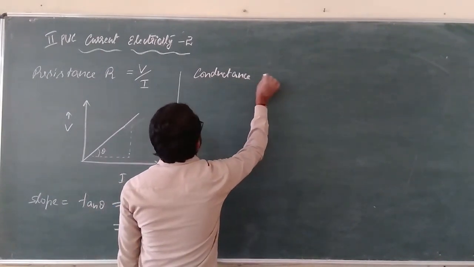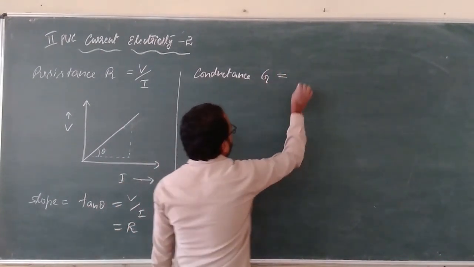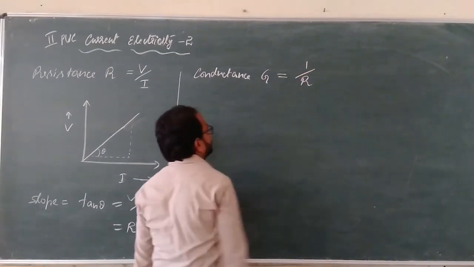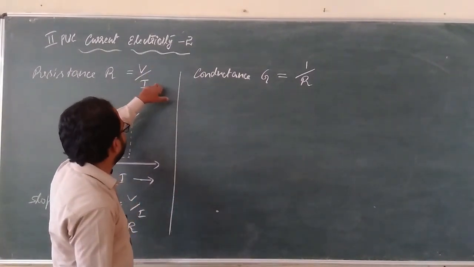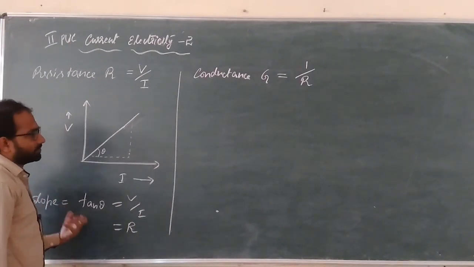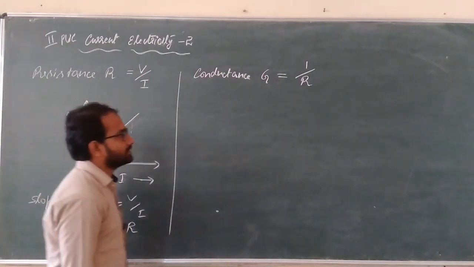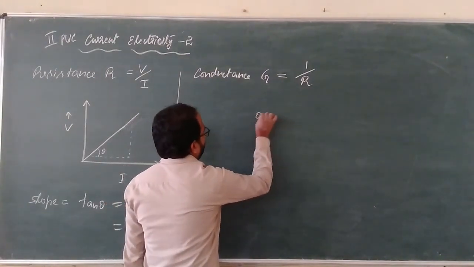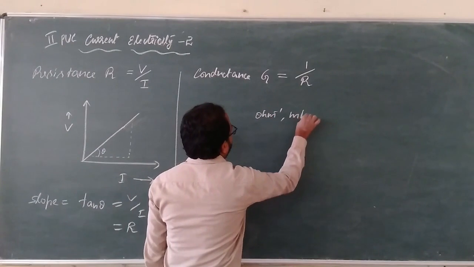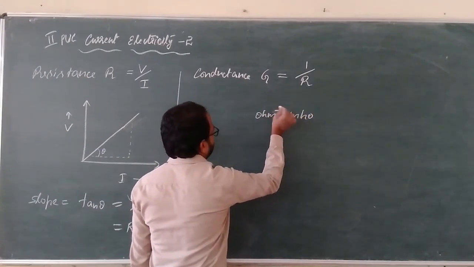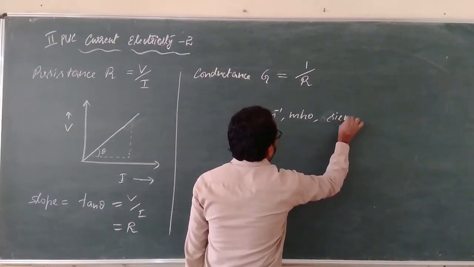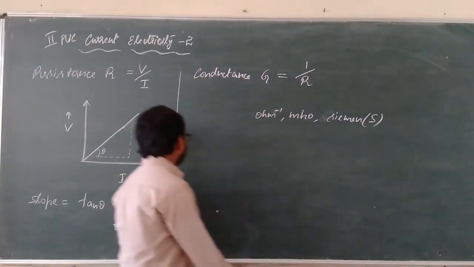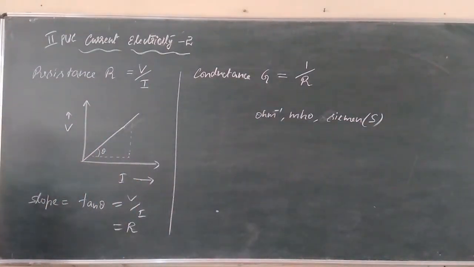Conductance is G, which is the inverse of resistance, 1 by R. Inverse of resistance is called conductance, I by V. If I calculate I by V, the inverse of the slope, then we are defining what is called conductance G, whose unit is ohm inverse or mho, or siemens, capital S. Okay, so this is about the resistance of the conductor.